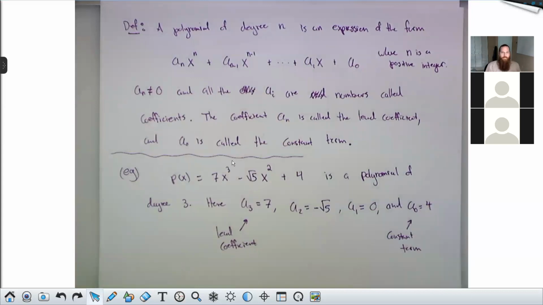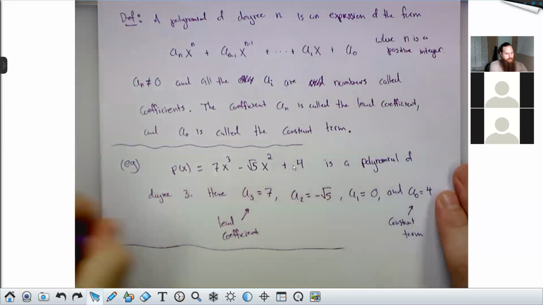But this guy does fit this definition. This is a3 times x to the 3 plus a2 times x to the 2 plus a1, which is 0, times x plus a0, which is 4. Correct. So there's our little example note.